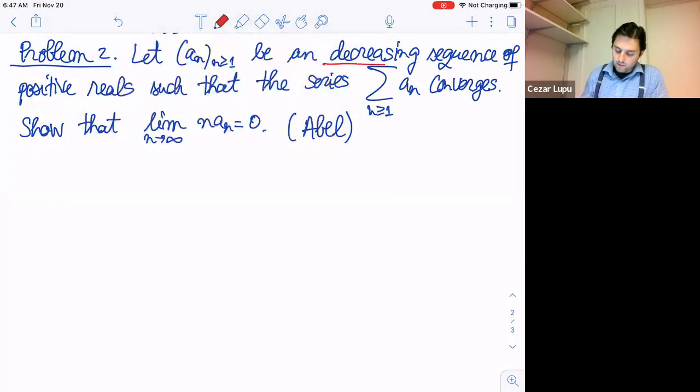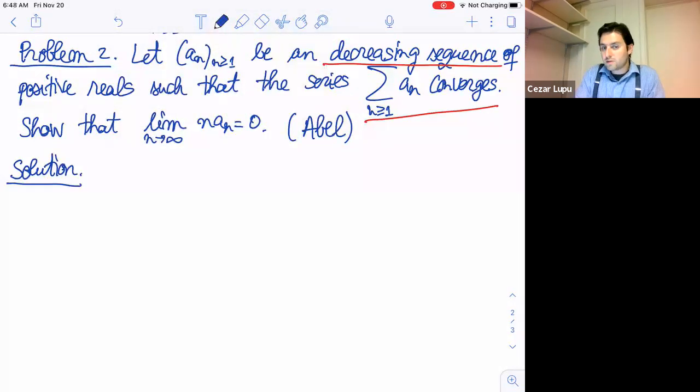And you see I have here the important thing that is a decreasing sequence and the series converges. Well, we said that if the series converges, then the sequence a_n converges to 0, remember?